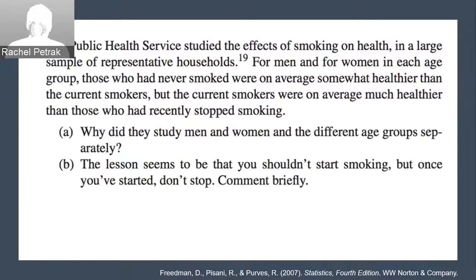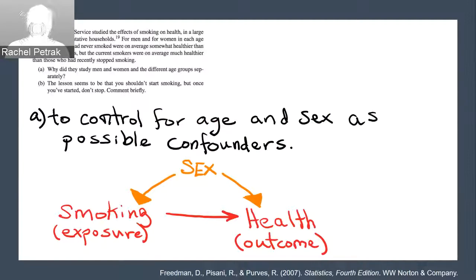In our first part A, why did they study men and women and the different age groups separately? Well, the reason for breaking down these groups is that we have to control the confounders. Remember that a confounder is a variable that is associated with both your exposure and your outcome. So in this example, let's first examine controlling for sex.